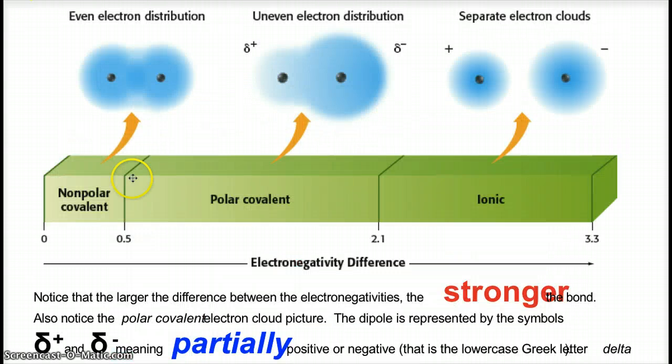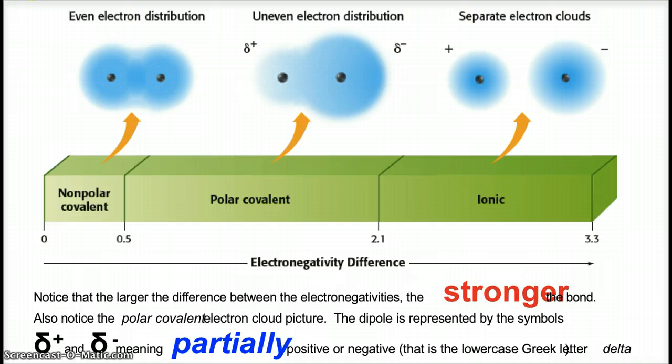And so there's some controversy about the breakoff points as far as what determines whether or not a bond is nonpolar, polar, or ionic. But you can definitely see here that the larger the difference between the electronegativities, the stronger the bond. An ionic bond is way stronger than nonpolar or polar. When we have a polar bond, we have partially positive and partially negative situations showing up in the molecule.